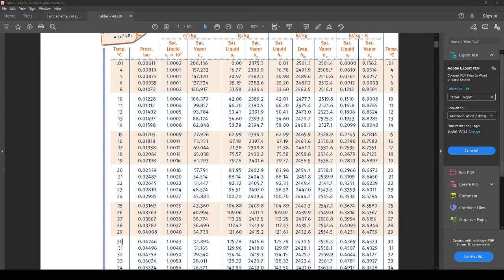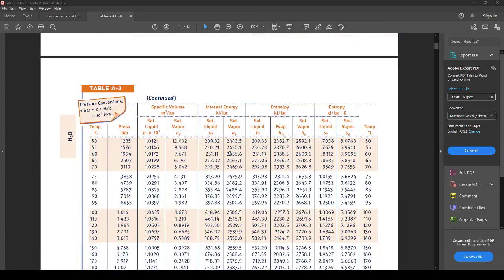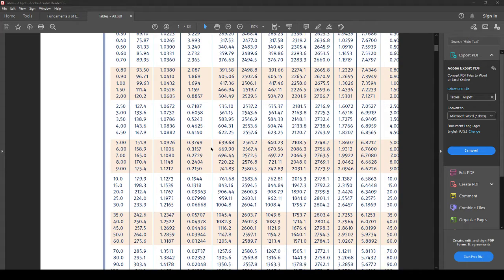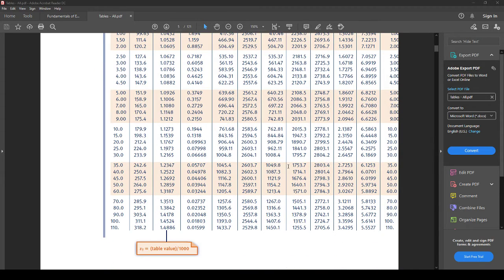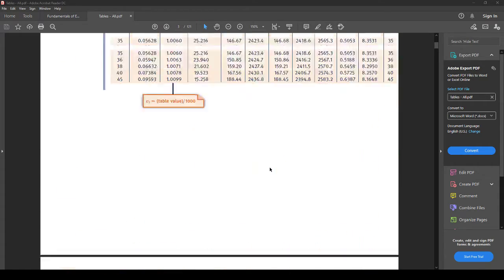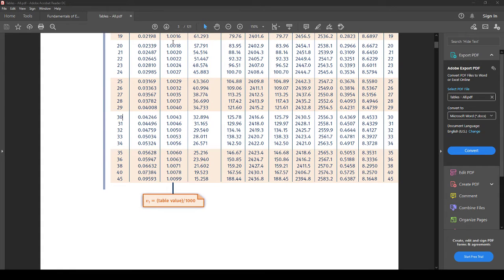That's where it becomes a problem, because if it's 35 megapascals and subcooled, and you go to the pressure table here, remember this table only tells you saturated values, right? So what you have to do is find the temperature of the fluid and then look at that temperature in the temperature table to approximate the values, okay? So we'll get an example of this, and I'll try to make this a little more clear.